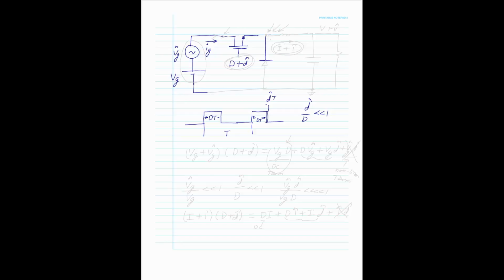So then we have your freewheeling diode. You have your inductor. And again, this current here is going to be a DC term I plus an I hat, an AC term here. And then your output voltage is going to be a DC plus a hat term here.